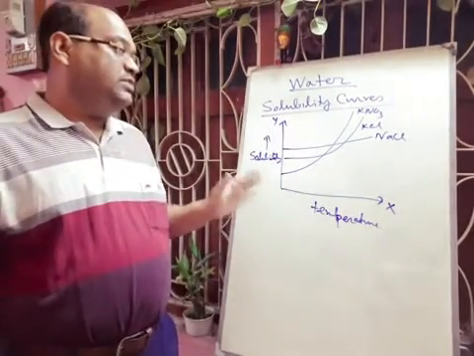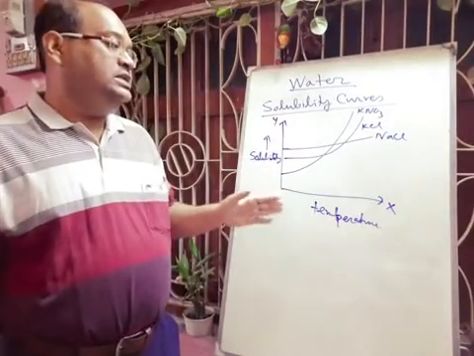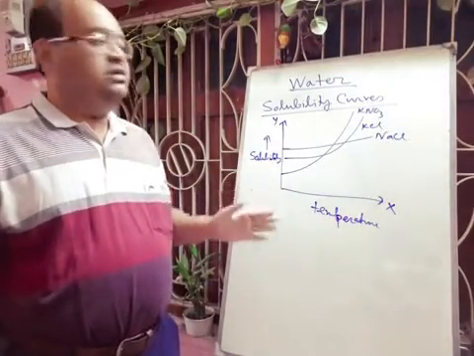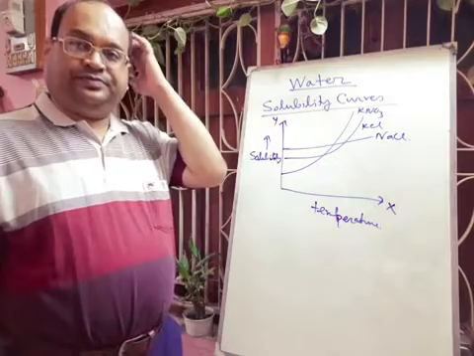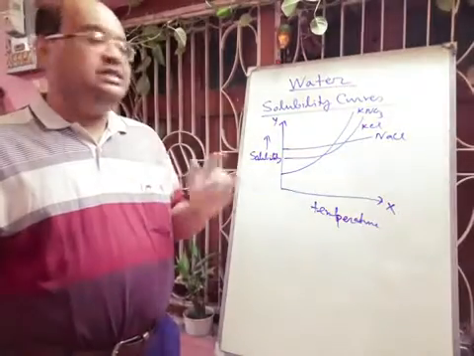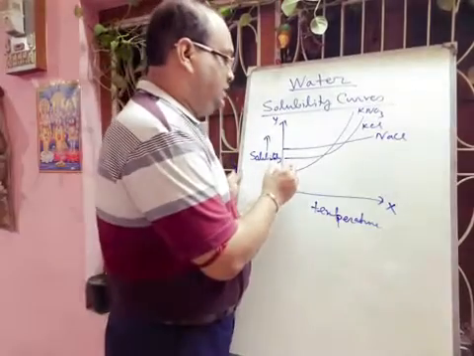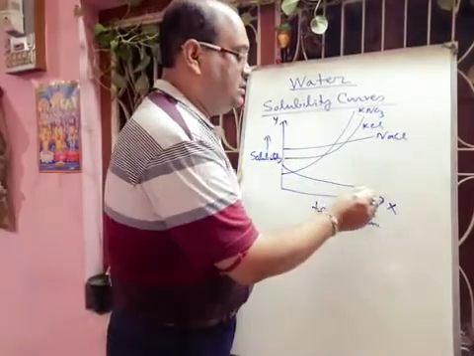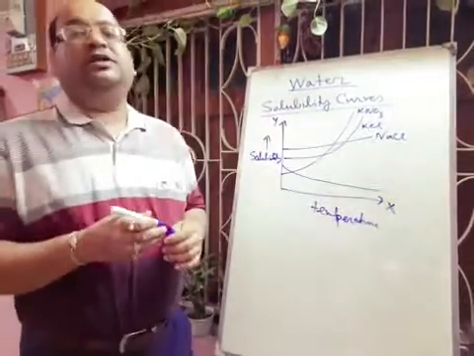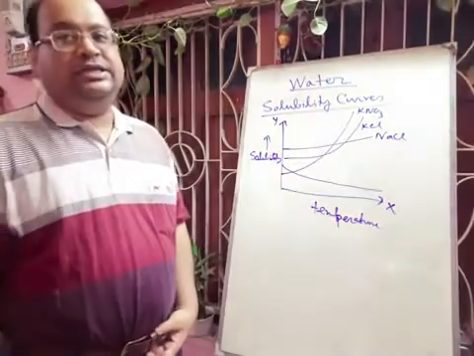Definitely this is an endothermic process. But in the case of calcium sulfate, the solubility will decrease like this. So definitely it is an exothermic process, that is why it is decreasing.